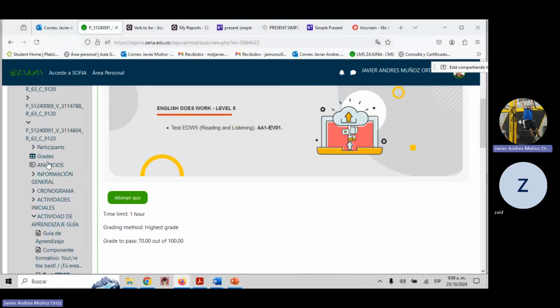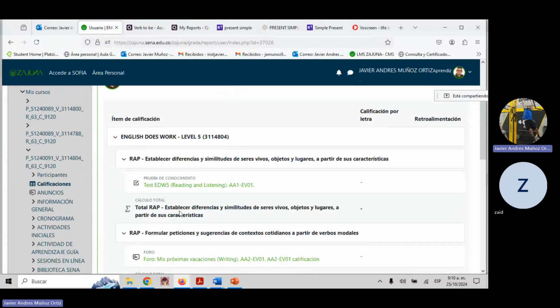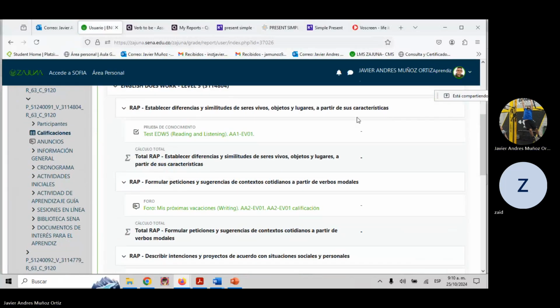On the left part you can find the link called grades. It's not "gradas," by the way, right? It's calificaciones. So you're going to find an A that means approved, or a D that means your evidence is not correct, so you will have to repeat it.